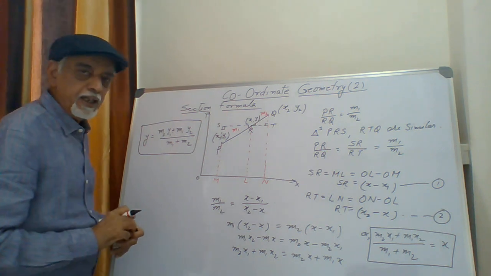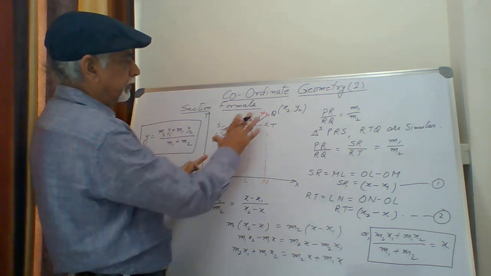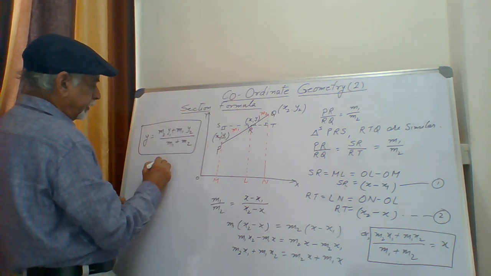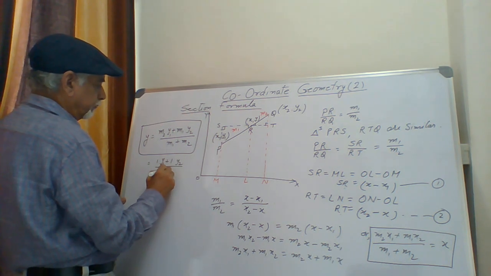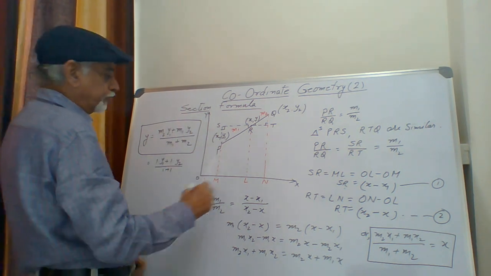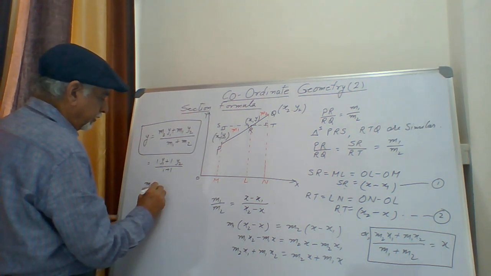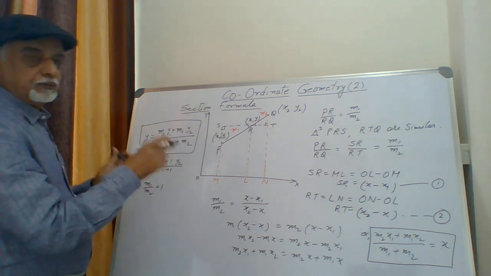Now suppose we have M1 equal to M2, that is, R is the midpoint of the line PQ. Then what will happen? 1 into y1 plus 1 into y2 by 1 plus 1, because M1 by M2 is equal to 1. So M1 is equal to M2, both are equal, so it is the middle point.